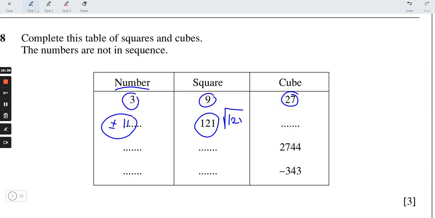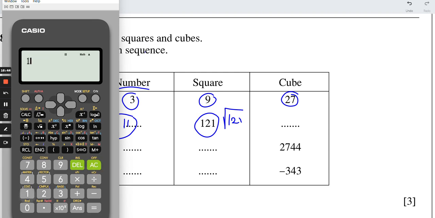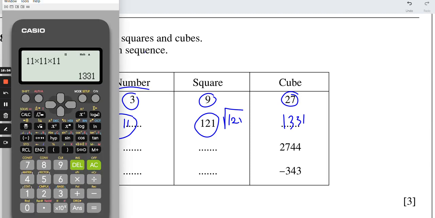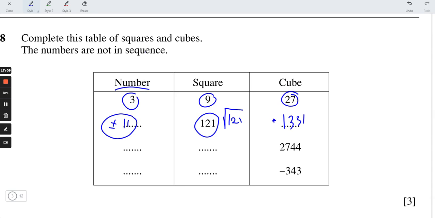You will see it once we are using the calculator, so please pay attention here. 11 times 11 three times, you will get 1331, but if you are multiplying it with a minus sign, you will get minus 1331. So minus 11 times minus 11 times minus 11, you will get minus. So we have 2 values, plus and minus 1331.